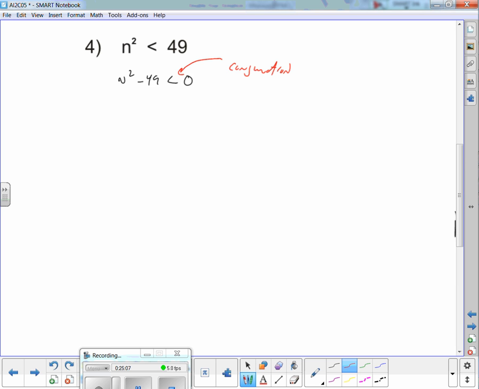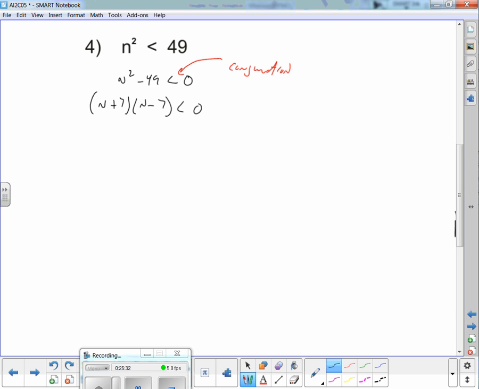Everybody's looking to factor, and you say, oh, it's a difference of two squares. Two parentheses. Plus in the middle of one, minus in the middle of the other. Square root of the first, first. Square root of the last, last. Voila. We are there.